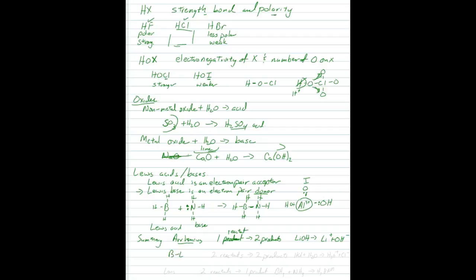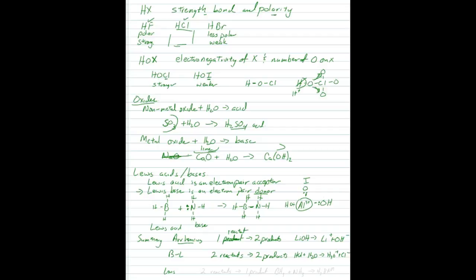Bronsted-Lowry will have two reactants, two products, and this is a general case. Sometimes you can get them to do different things. HCl plus H2O makes H3O plus and Cl minus.